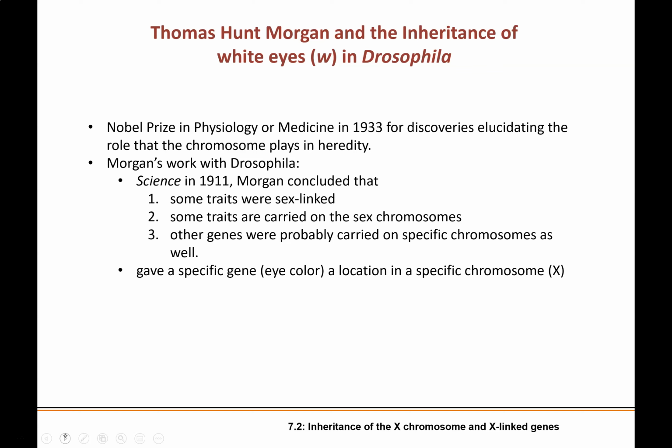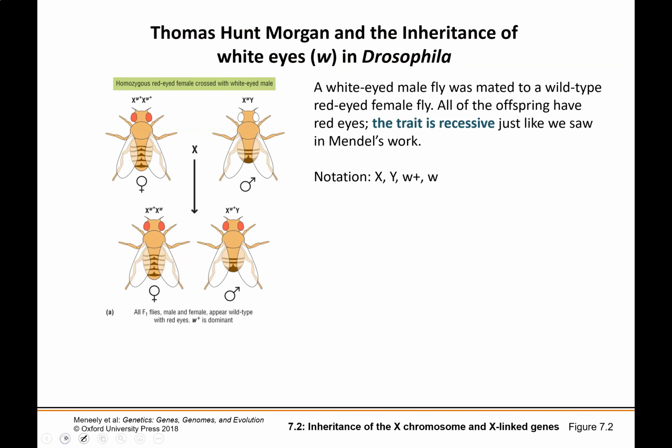It made sense that if you could pinpoint a gene on one chromosome, there were going to be other genes on other chromosomes. Now, more specifically, he gave the white eye color a location on a specific chromosome. So he was able to give a very specific gene a very specific location on one of the sex chromosomes.